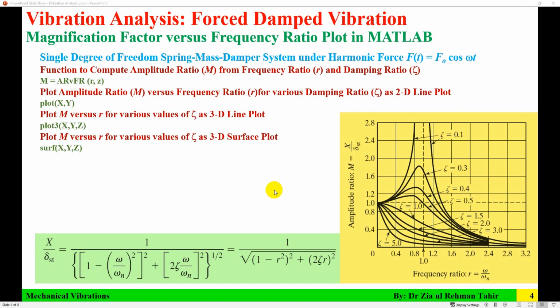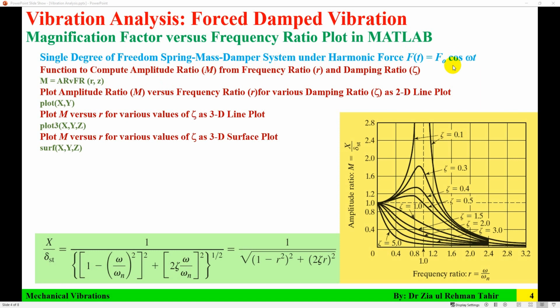So this video tutorial is about magnification factor versus frequency ratio plot in MATLAB. So highlights of it. For a single degree of freedom spring mass damper system under harmonic force F(t), so F0 cos omega t, that is a forcing function.